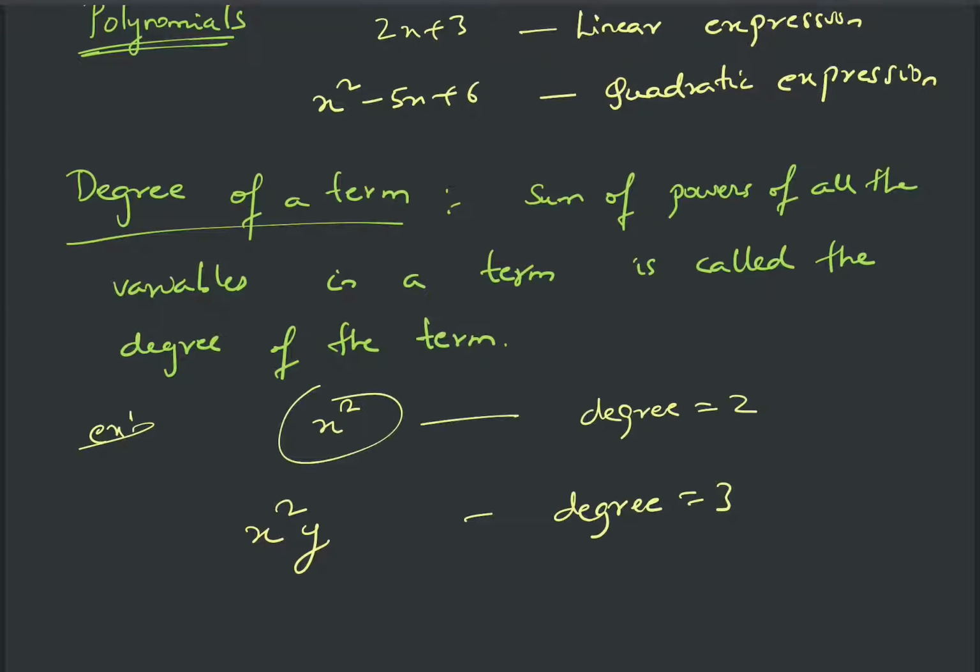Say if I give you minus 24 x cube y, then the degree of this is 4, because the sum of powers of all the variables is 3 plus 1, that is 4.